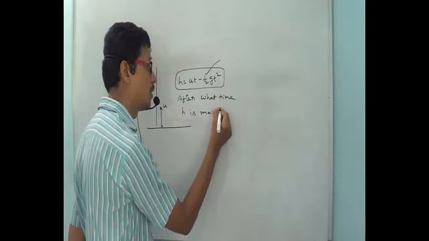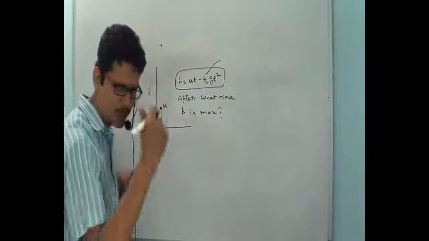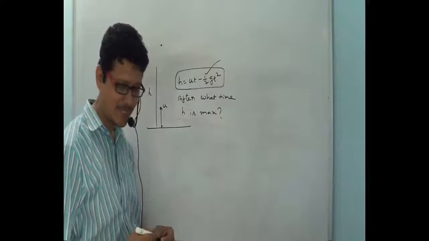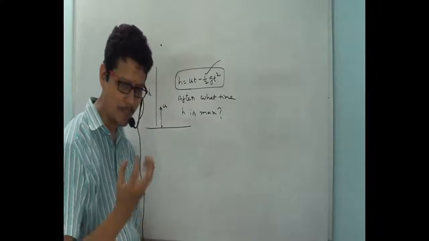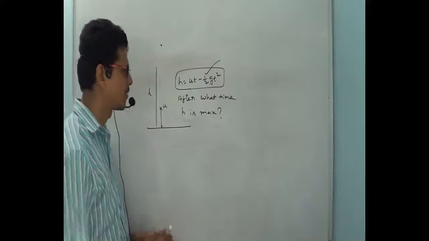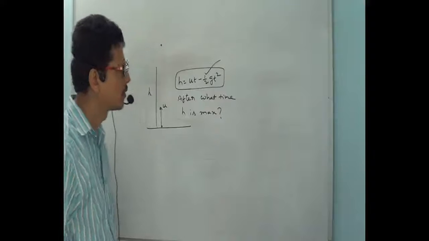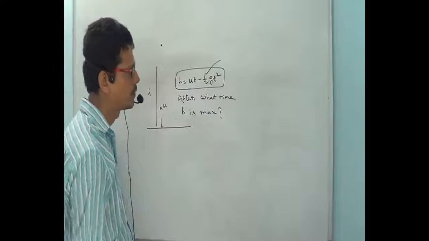Certainly the stone will stop at some place because it has to come down. Gravity of the earth will be pulling it back. Gravity of earth is always acting. While it is going upwards also, acceleration due to gravity is acting downwards. This g is acceleration due to gravity.